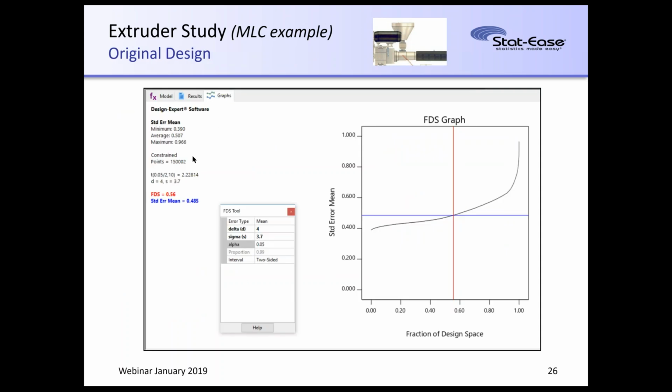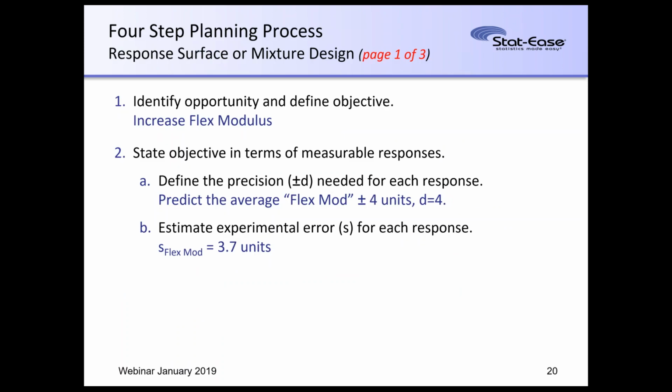We then go in and look at the fraction of design space plot, putting in the D equal 4 and the S equal 3.7.